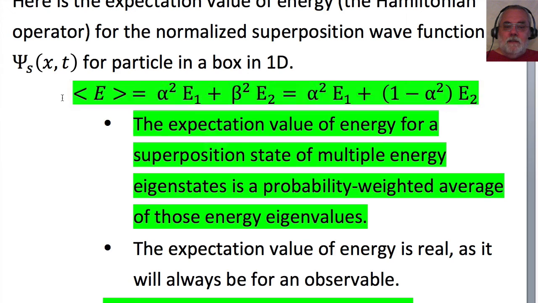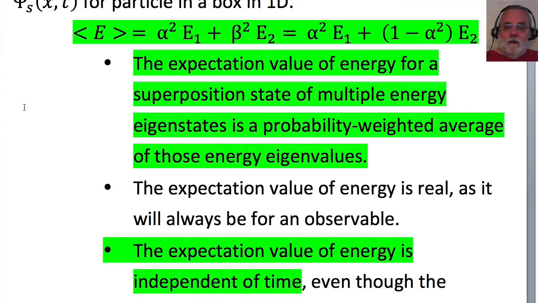In this case, the expectation value for energy is going to be between E sub 1 and E sub 2. Maybe you can envision that. It will not be E sub 1 as long as beta is not 0. It will not be E sub 2 as long as alpha is not 0.